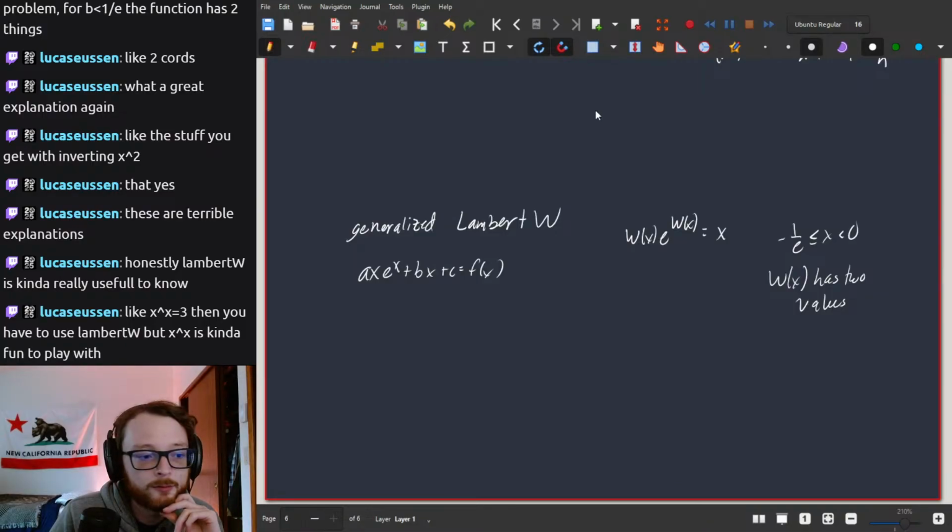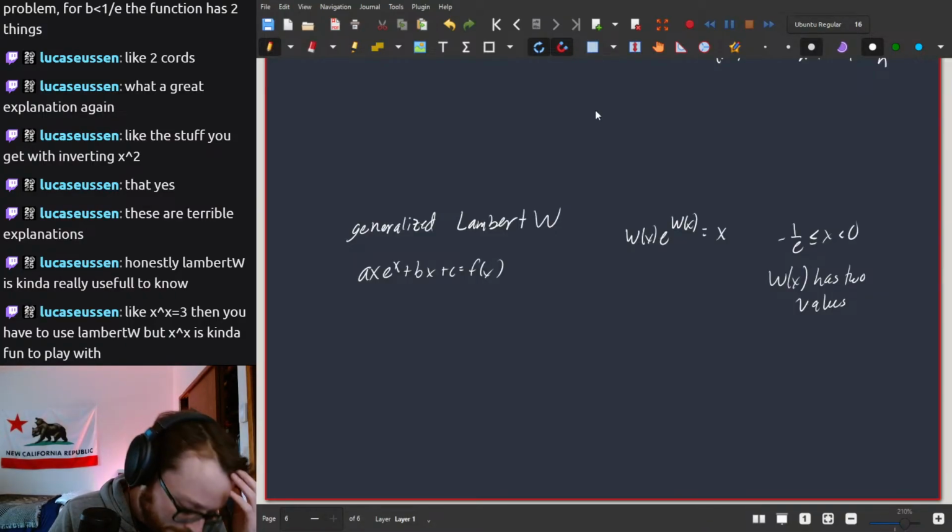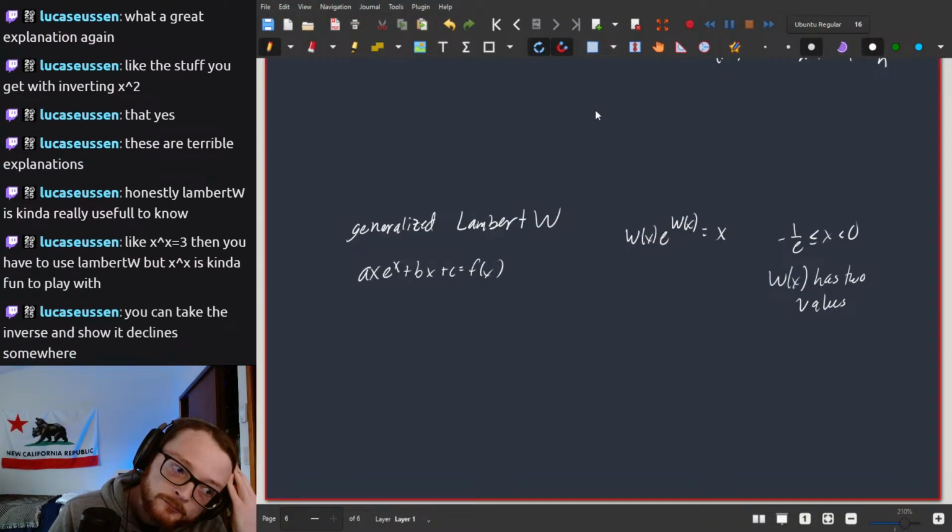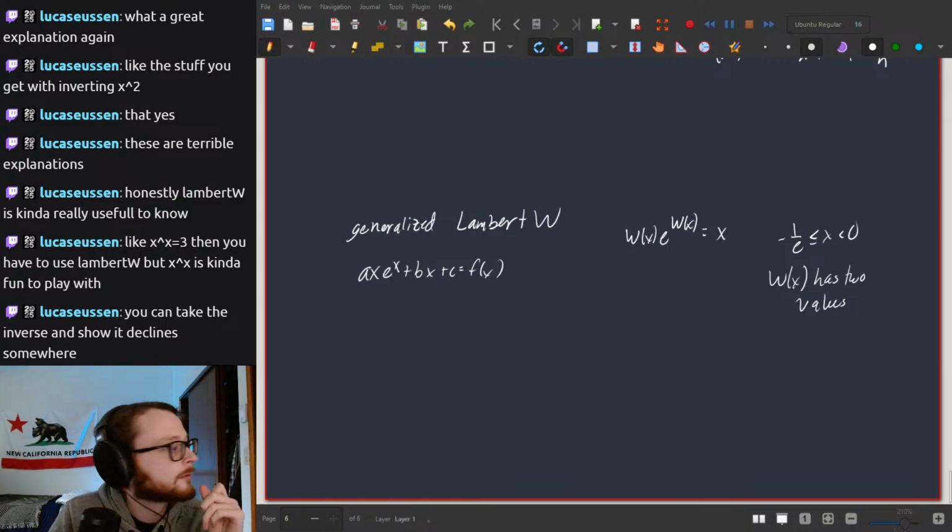Just be implicit. I don't know how you take the inverse. I thought the point was like you couldn't.